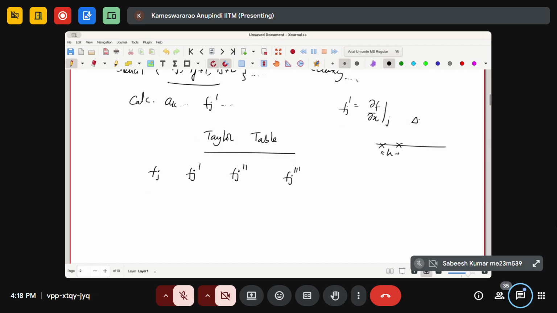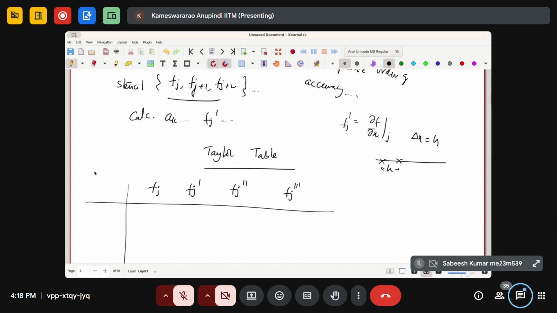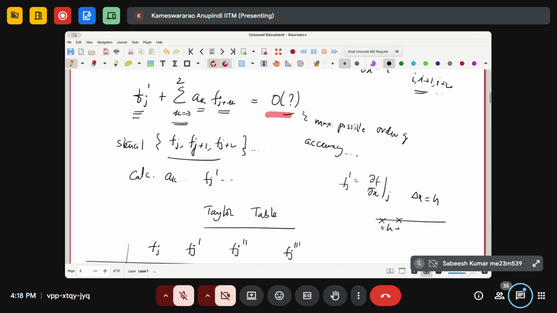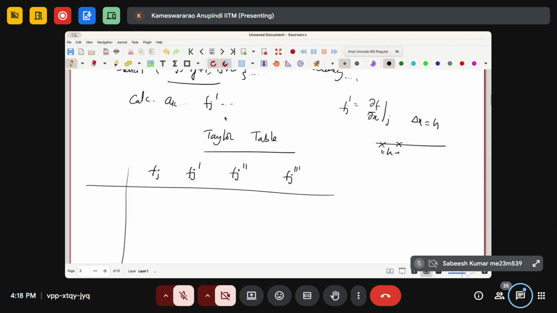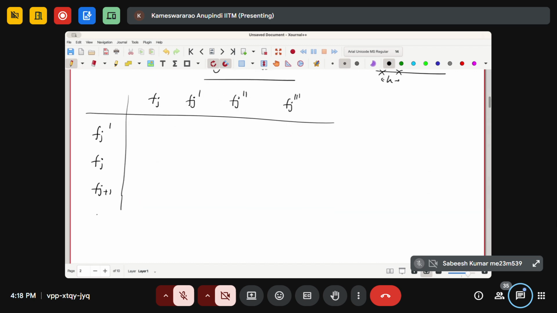That means my delta x is equal to h. On the left hand side I have these terms. The first term I have is f_j prime. Then after that I have f_{j+1}, f_{j+2}, right? So I'm going to fill up the table like this: f_j prime, f_{j+1}, and f_{j+2}. Okay, that's what I have.